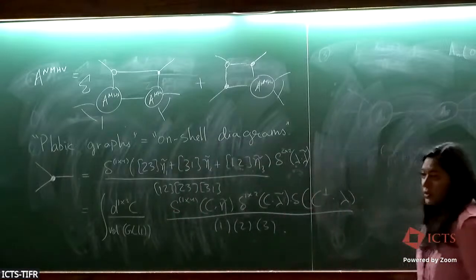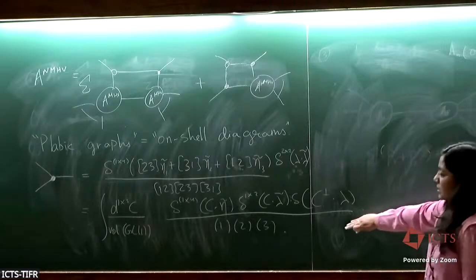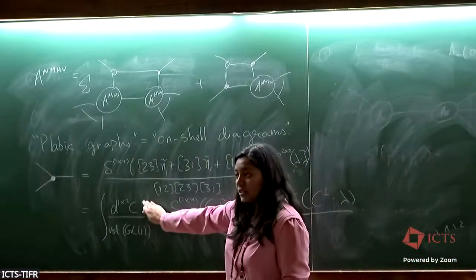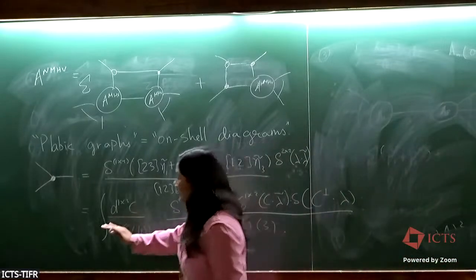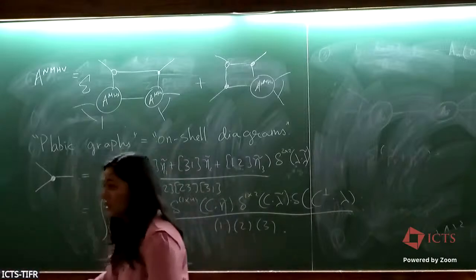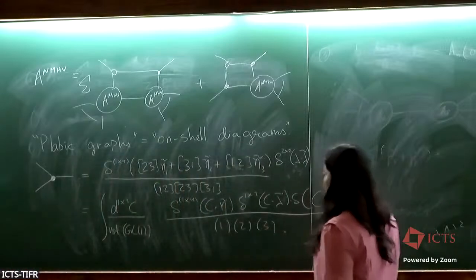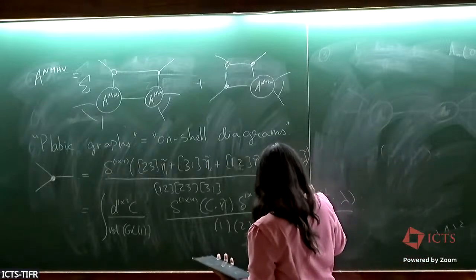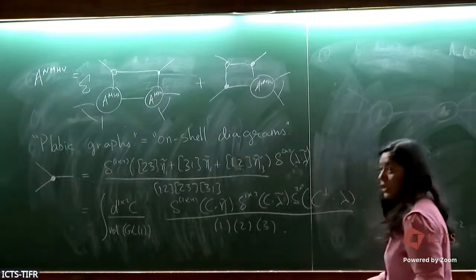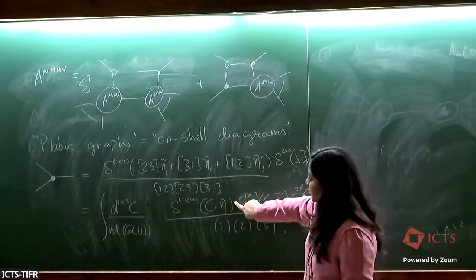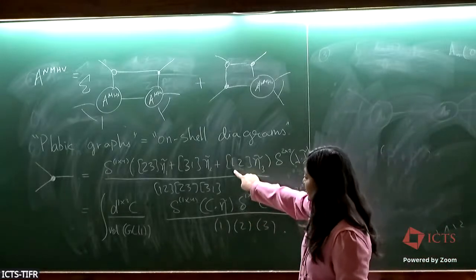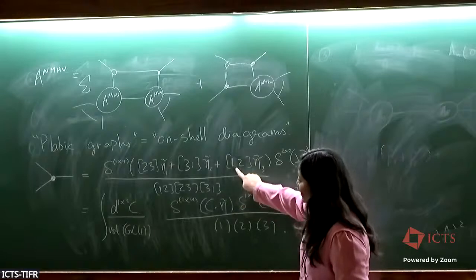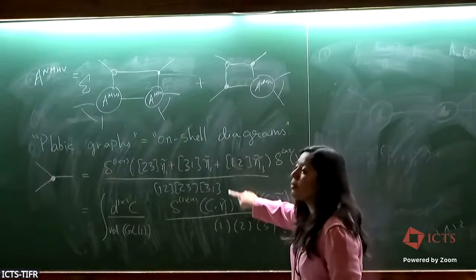Okay, so I've rewritten this in terms of some integral over some matrix. This matrix, as before, is fully fixed, right? Everything is tree level, so there are no free parameters, it's fully fixed by these delta functions over here. If you look at this particular delta function, it's the same as this one, which tells you what C could possibly look like.